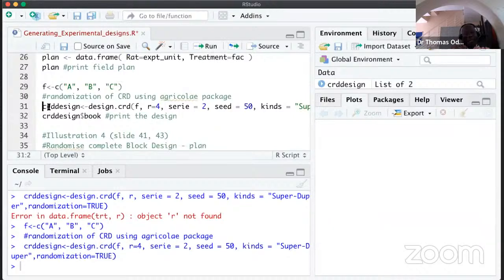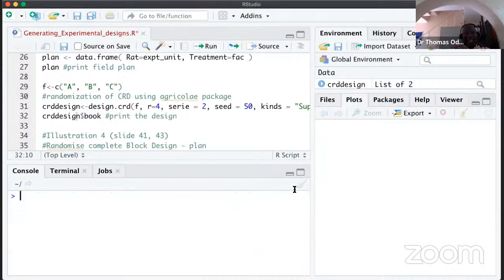Now we have created an object here called CRD design. This CRD design has several components. What this step does is we are saying, let's get a component that we call book from the CRD object that we've created. Let me first clean up a little bit.